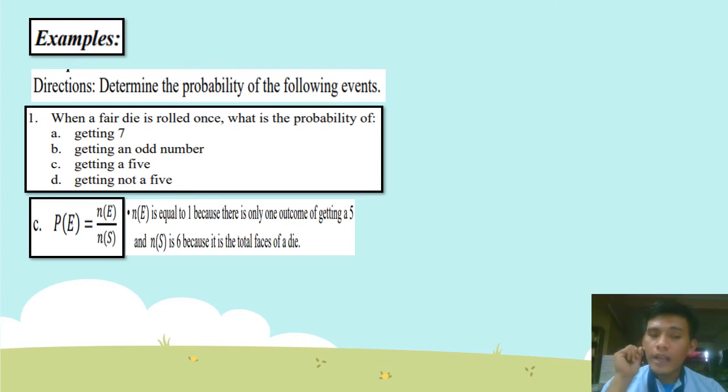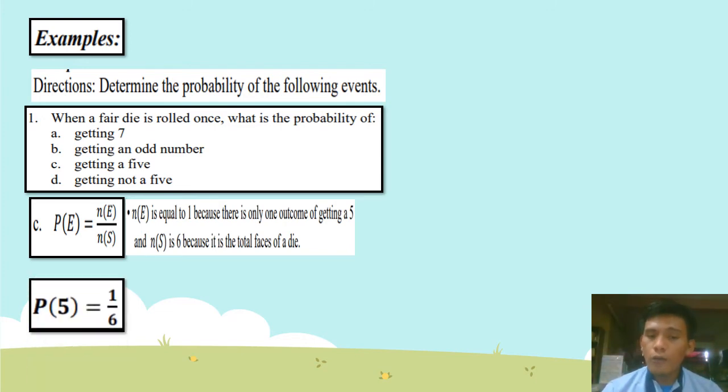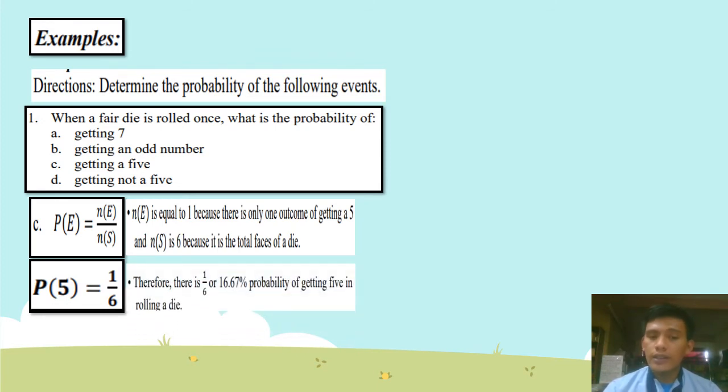That's why our N(E) is equal to 1. And N(S) is 6 because the total faces of a die is 6. So that will be 1 over 6. Therefore, there is 1 over 6 or 16.67% probability of getting 5 in rolling a die.